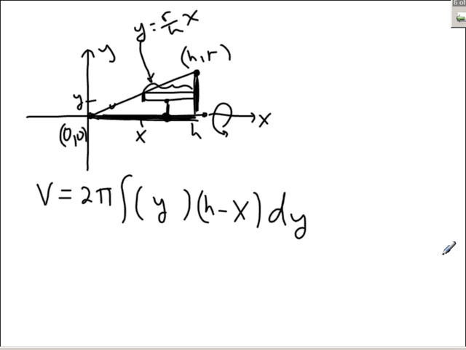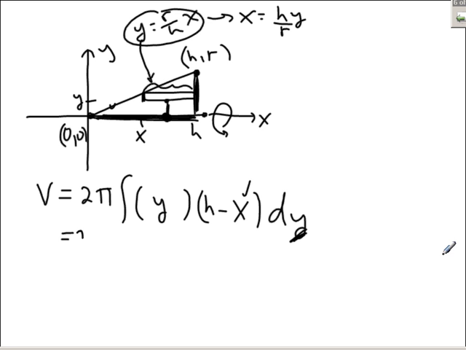h minus x. But if I'm integrating with respect to y, I can't have x's. But this tells me right here that x is h over r times y, or hy over r.